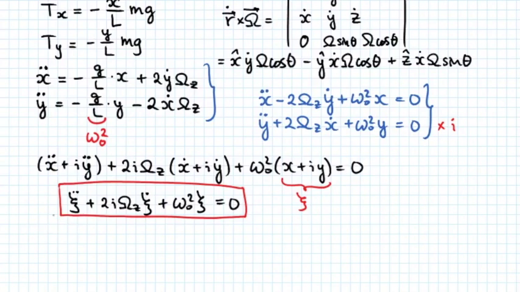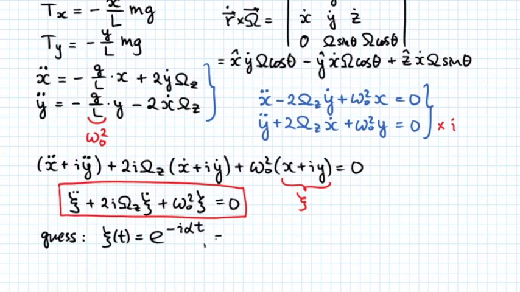So we take a guess that the form of solution will be psi as a function of time given by, say, exponent minus i coefficient alpha t.